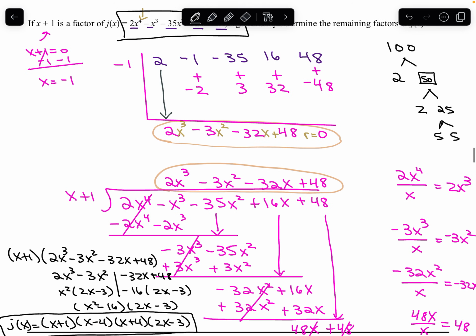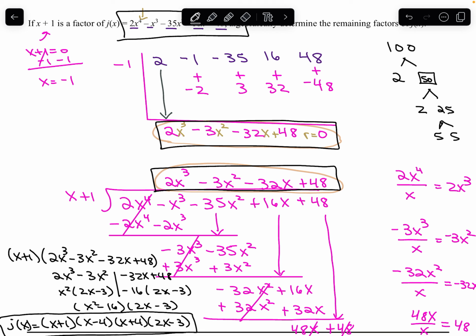So if we look at this polynomial here, we now have 4 terms and we're able to successfully factor it by grouping. So if you're given a polynomial that you originally are unable to factor and you know one of its factors, you want to divide by that factor and hope that you can factor further after that.